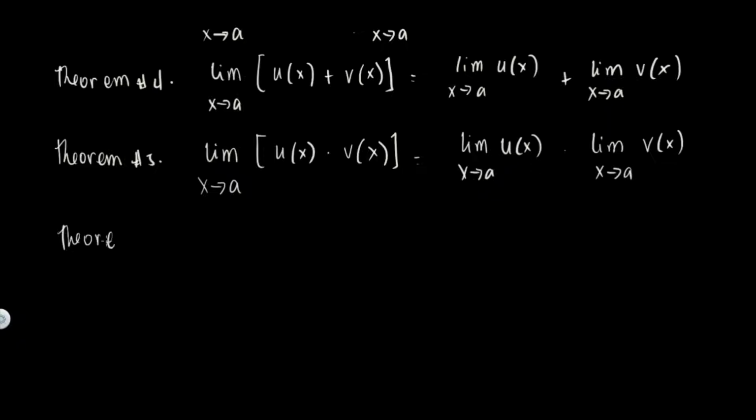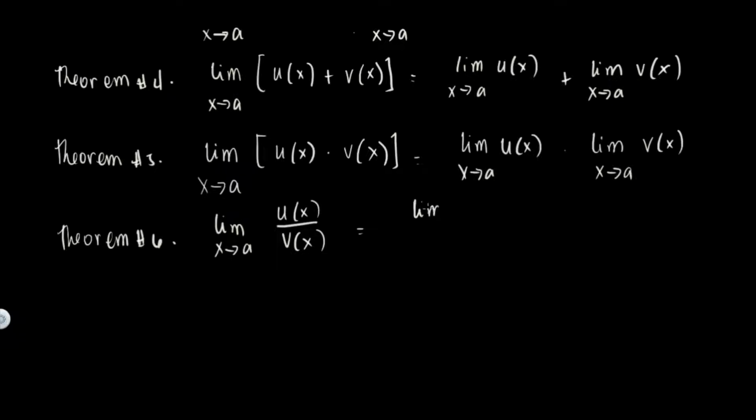Theorem number 6. So kung meron tayong sum and product, meron din tayong quotient. The limit of u of x over v of x as x approaches a is equal to the quotient of their limits.